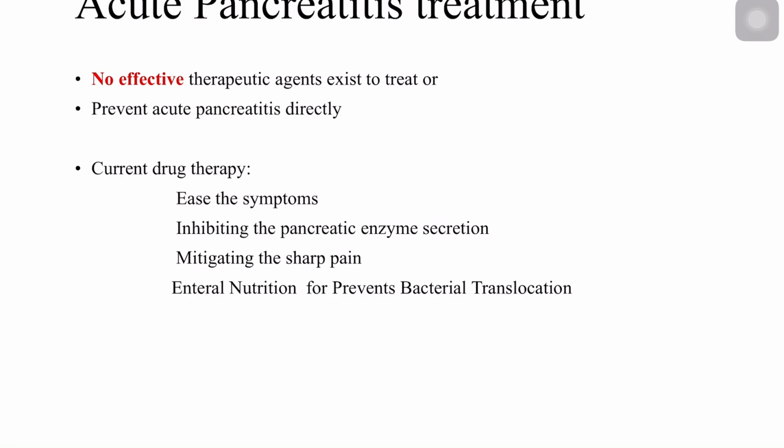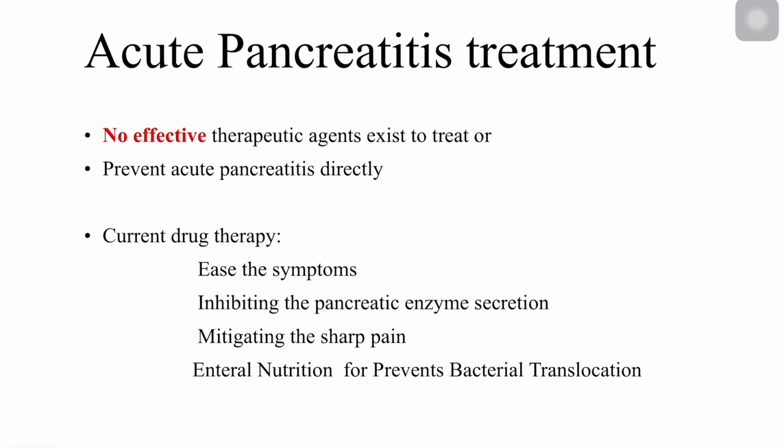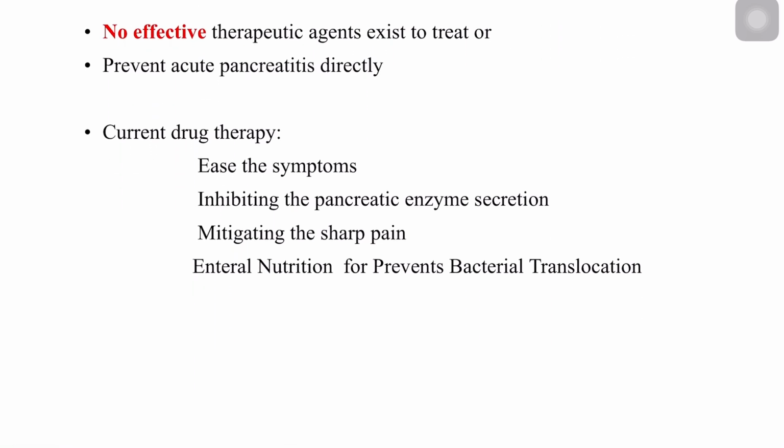Current drug therapy is symptomatic: we use anti-pain, anti-inflammatory, inhibit the pancreatic enzyme secretion, and also treatment of sharp pain and enteral nutrition to prevent bacterial translocation in the GI tract.